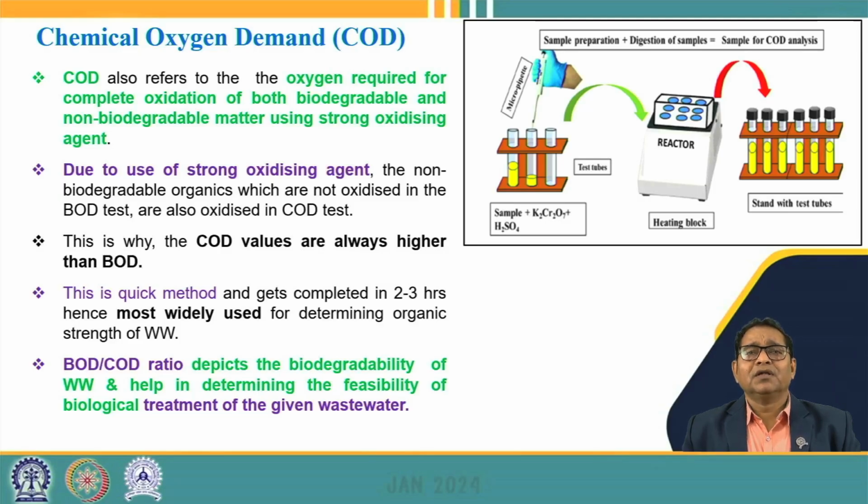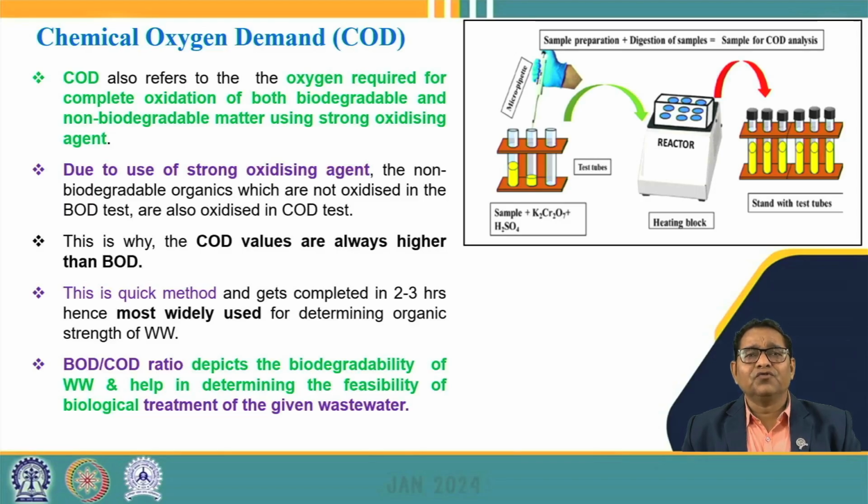So both types of organic compounds are measured under this test. This refers to the total amount of oxygen required for complete oxidation of both biodegradable and non-biodegradable organic matter using strong oxidizing agents.